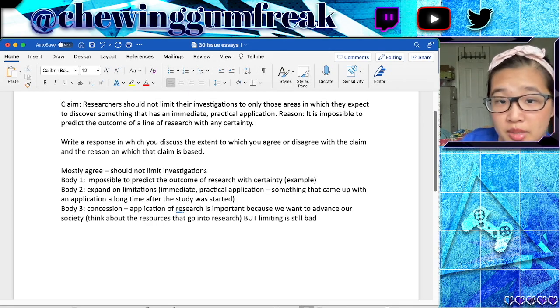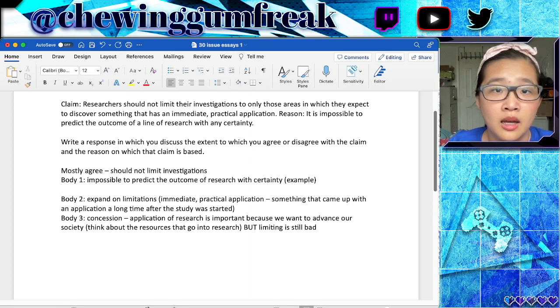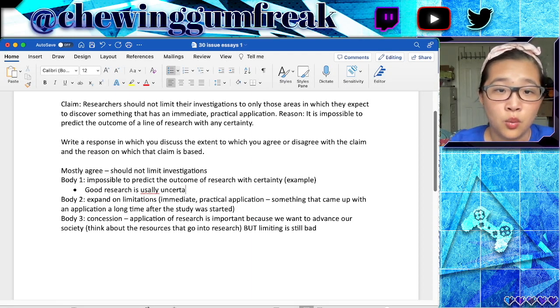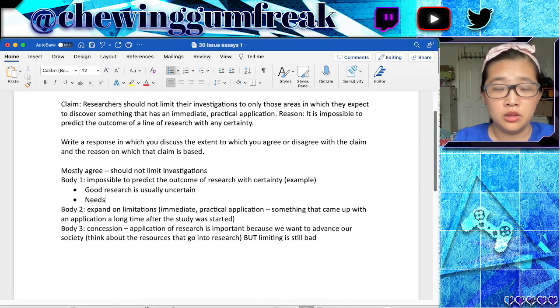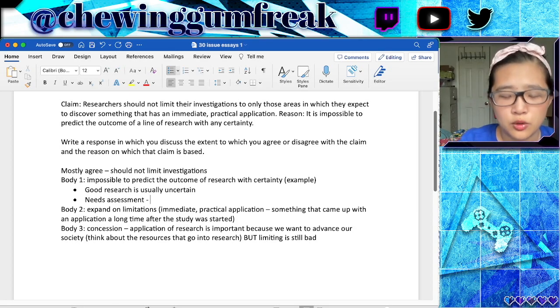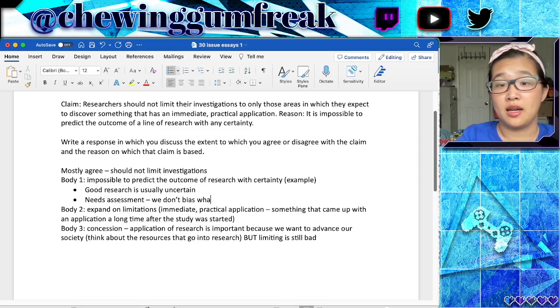So impossible to predict the outcome of research with uncertainty. I would say something like good research is usually uncertain. So one thing that I do a lot is looking at needs assessments. For example, I work in public health, so needs assessments, and those are really useful because we don't bias what is going to come.